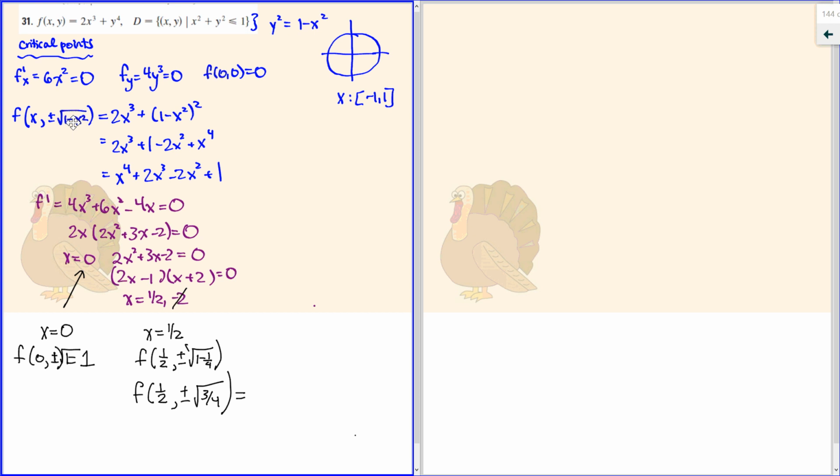I think that's going to be 13/16. So far in that region, I have (0, 0), which is 0.